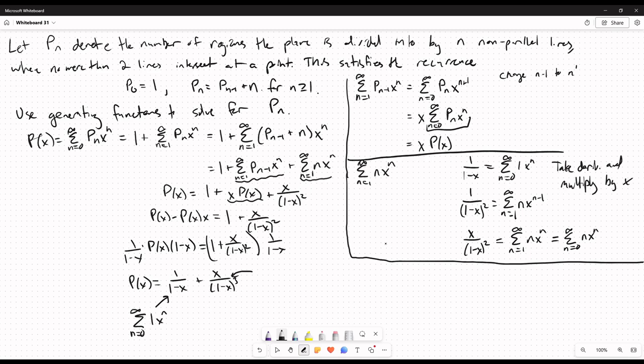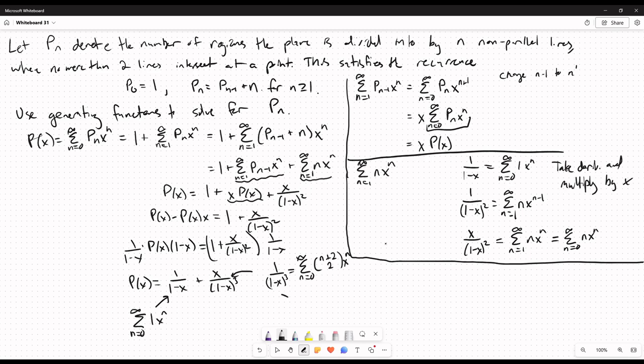If you've done your homework, you might actually know that 1 over 1 minus x cubed should potentially equal the sum from n equals 0 to infinity of n plus 2 choose n, or n plus 2 choose 2. Either of those are equivalent. I'll go ahead and use n plus 2 choose 2 here just for the sake of simplicity, x to the n.